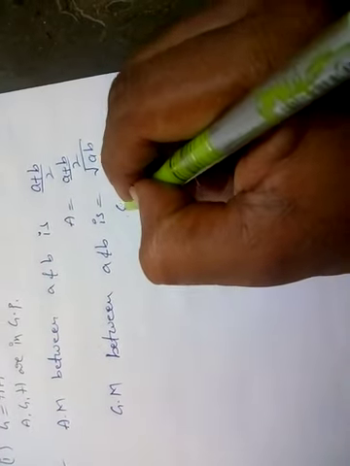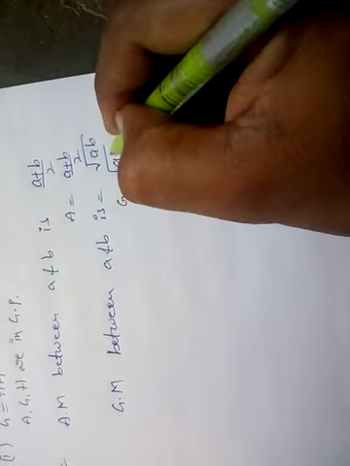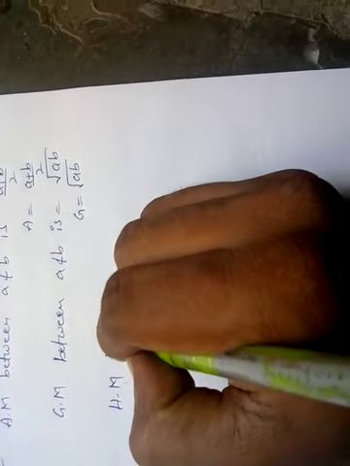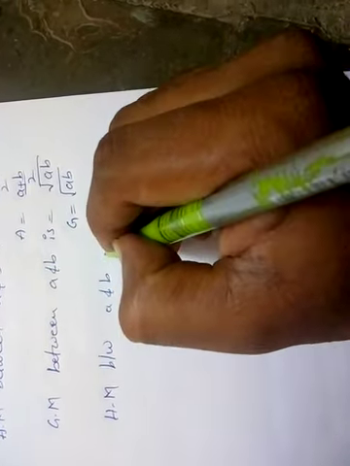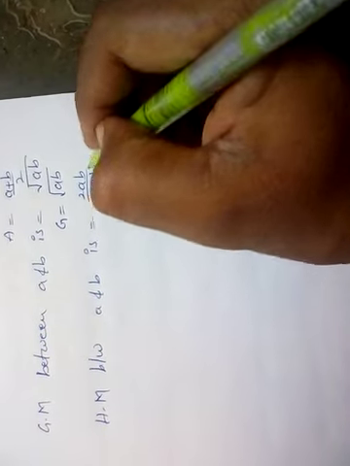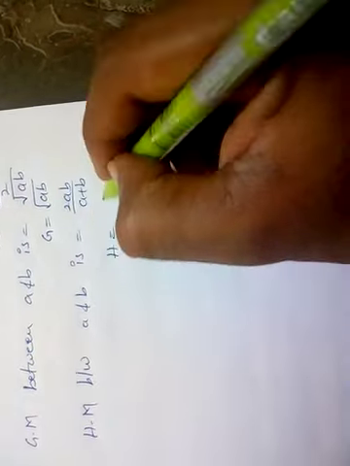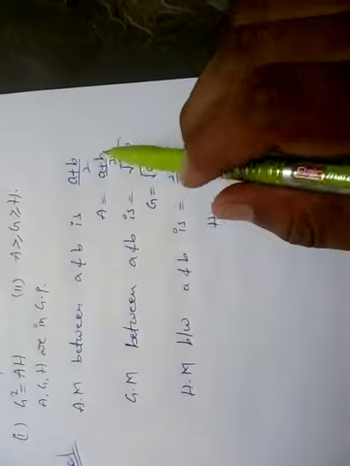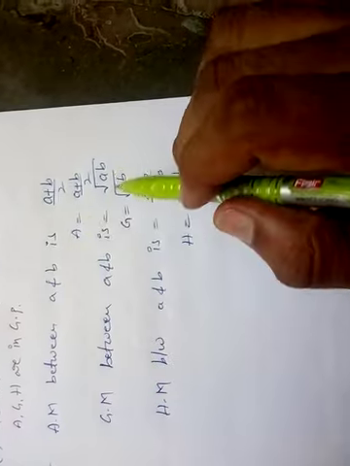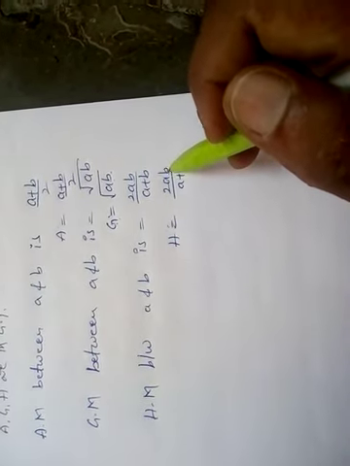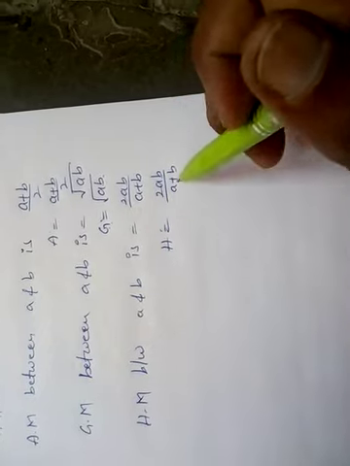It is denoted by G. And the harmonic mean between A and B is 2AB by (A plus B). It is denoted by H. So arithmetic mean is denoted with A, geometric mean with G, and harmonic mean with H, 2AB by (A plus B).